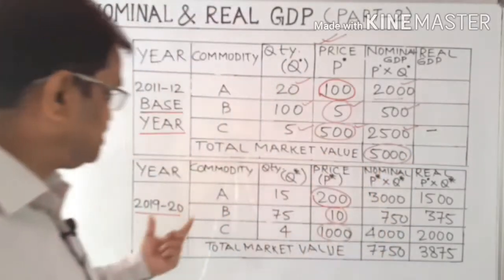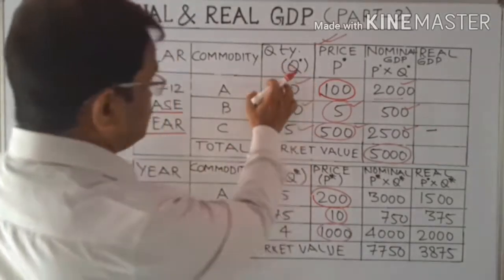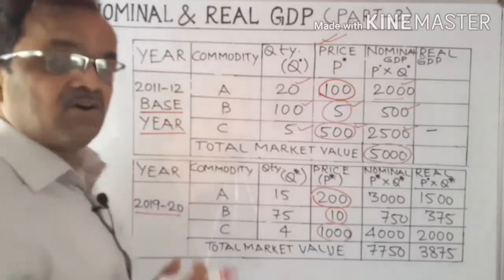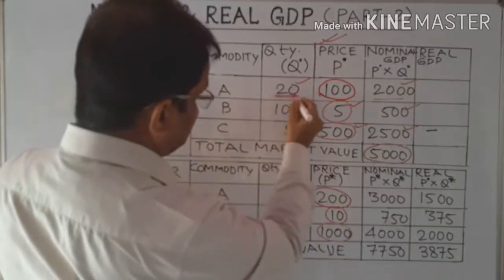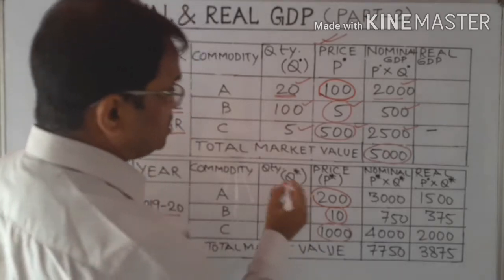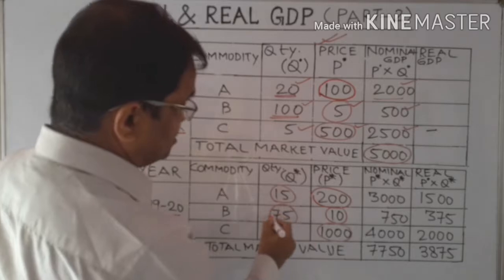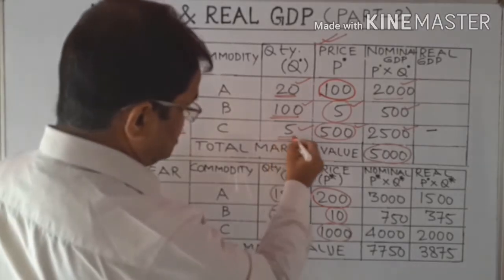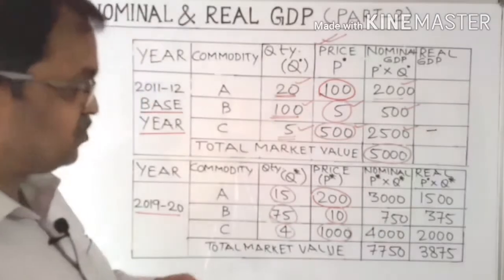Now look at the figures for 2019-20. The output has decreased in comparison to 2011-12. Initially it was 20 units for commodity A, now it is only 15. It was 100 units for commodity B, it is only 75. And for commodity C, it was initially 5 units, now it has decreased to 4 units.